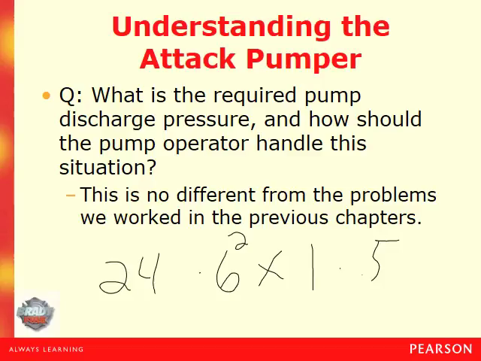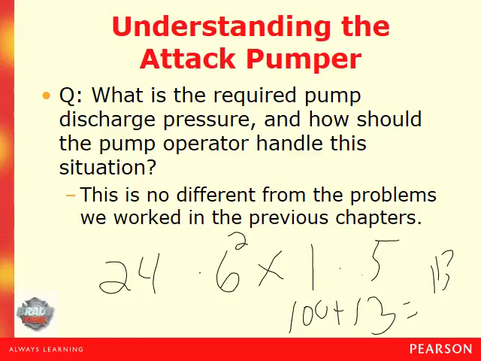And that gives us, excuse me, not discharge pressure, that gives us a friction loss of 12.96, or say 13 for round numbers. And then we know that that is a fog nozzle, that it has to have 100 pounds per square inch on the nozzle. So our required PDP is 113.